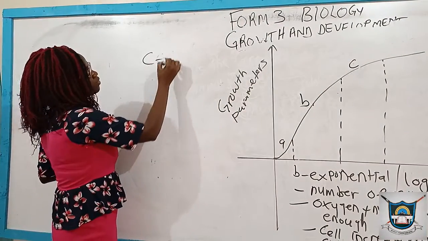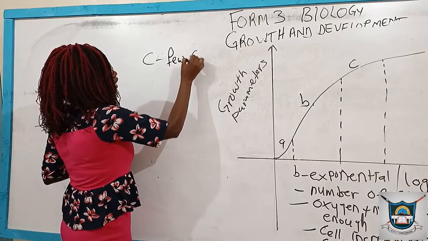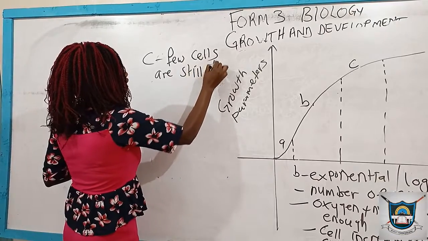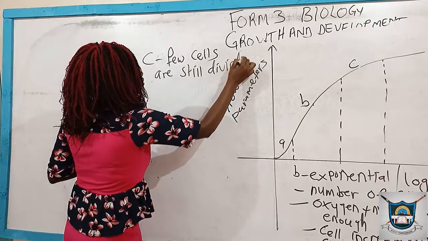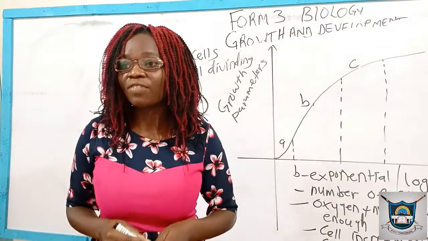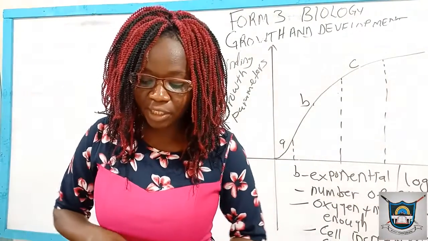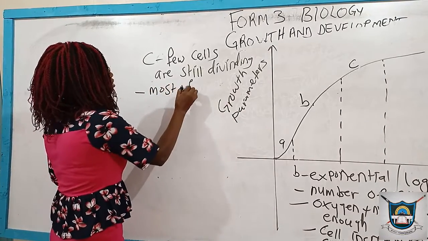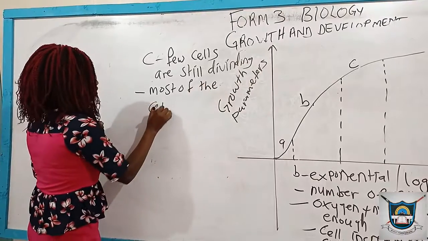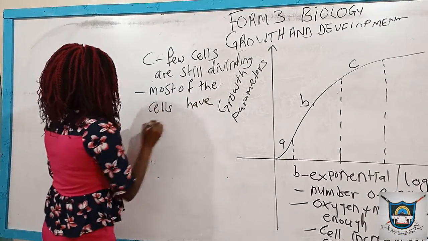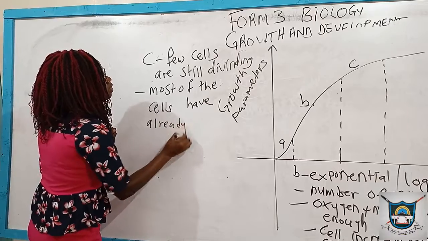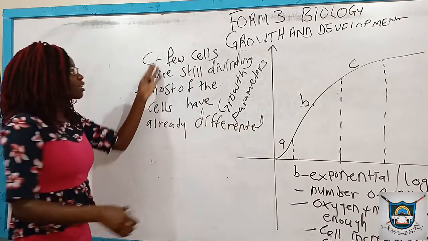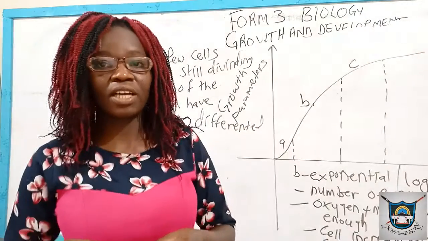So in this phase few cells are still dividing, and maybe most of the cells are already differentiated. So because of this, the growth rate will begin to be very slow.